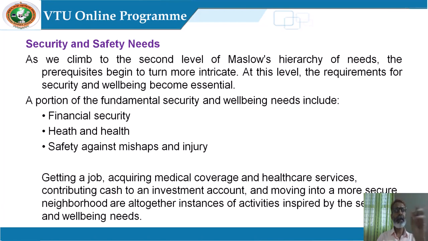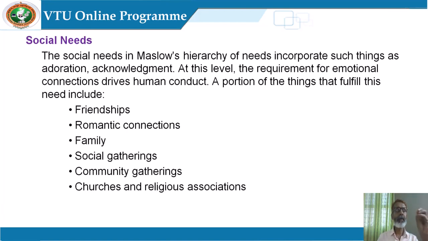The security and safety, when you achieve, the next level of needs, that is the third level according to Maslow's hierarchy of needs, is the social level. See, why you move on from the average place to the next place is, society starts looking at you. You feel that I need to live in a society where I can be more accepted by the people.